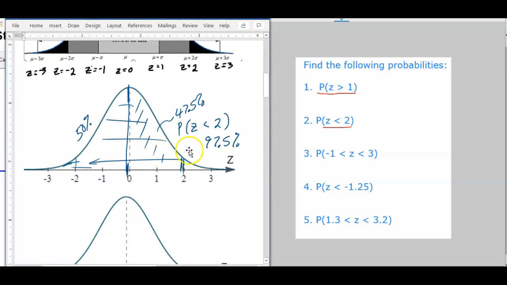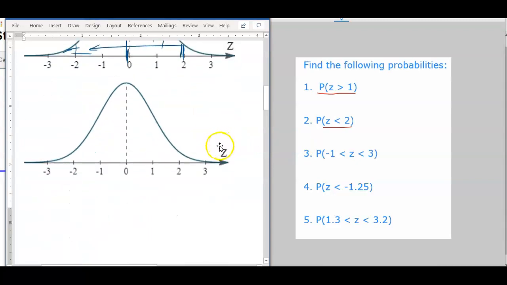Lastly, using the empirical rule, I'll just remind you that we need integer values, that is no decimals, no values between full standard deviations to the right or left. So this is from 1 standard deviation to the left of the mean to 3 standard deviations to the right of the mean. So if we take a look at this picture, 1 to the left would be right here, and 3 to the right would be right here.